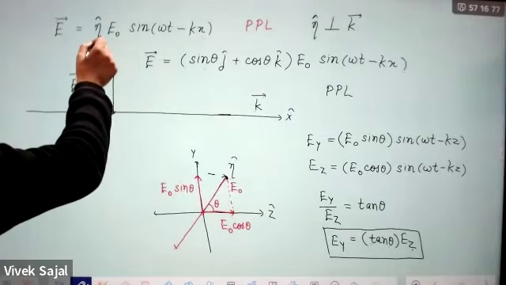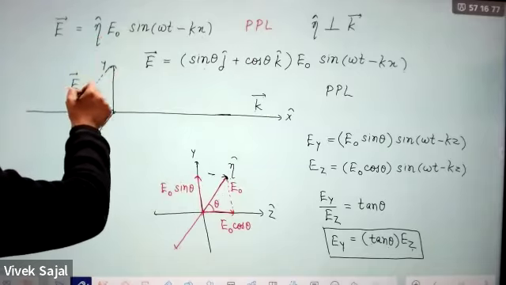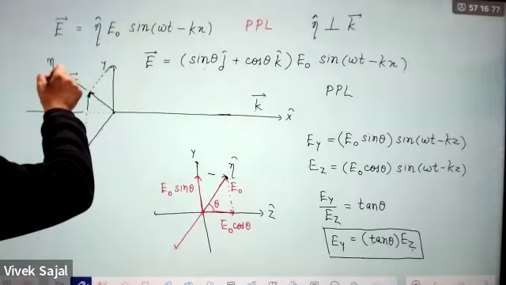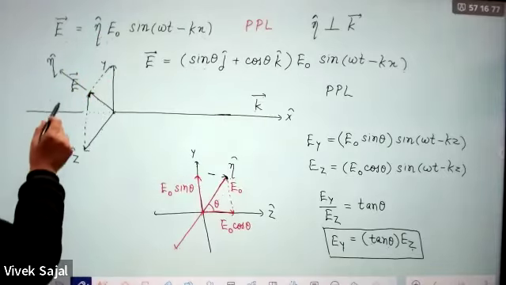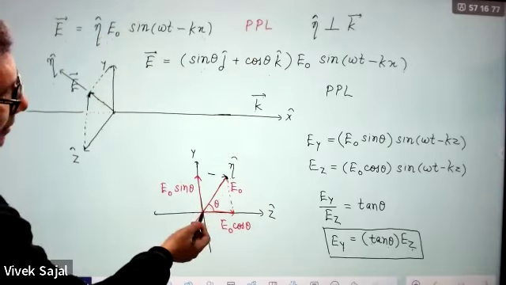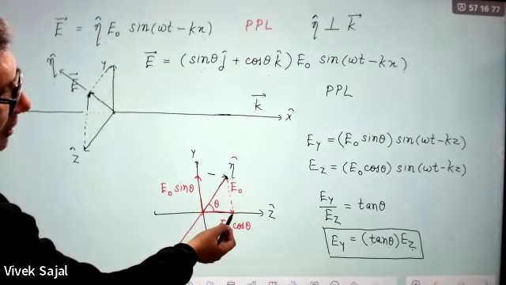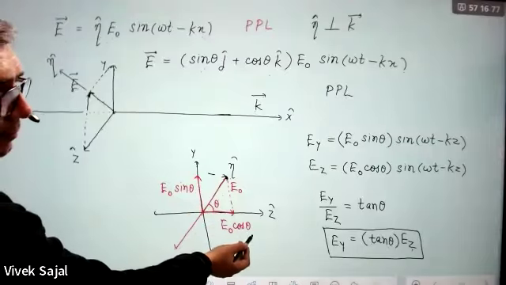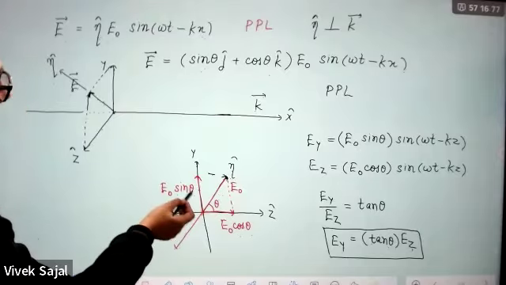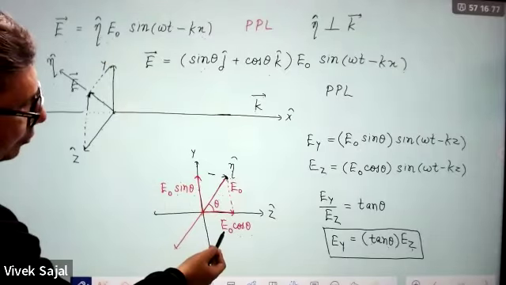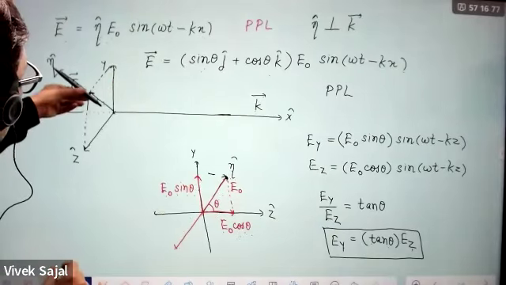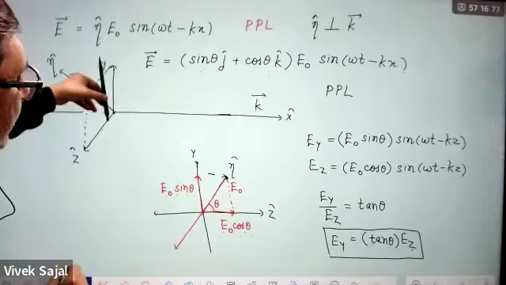How can you write this unit vector? Eta cap resolved in this direction will have cos theta. Eta cap resolved in this direction will have sine theta. E naught is multiplied here, so this will be E naught cos theta and E naught sine theta. So I have resolved this eta cap unit vector into two directions.